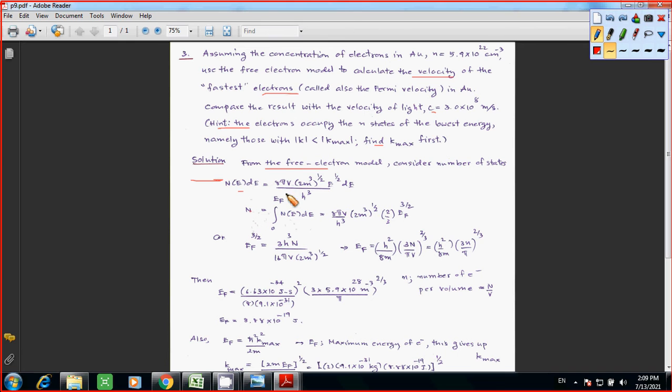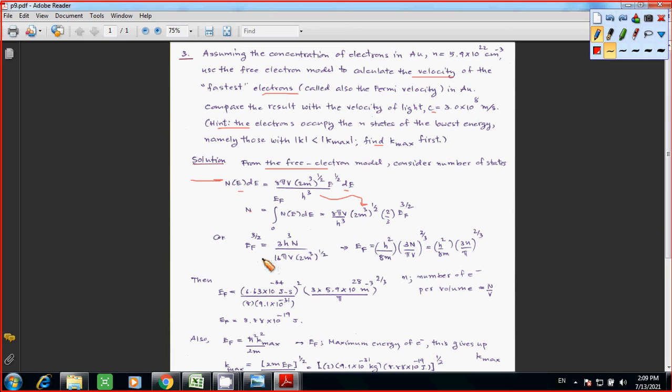So for your N, you simply do integration with respect to E, from energy 0 to EF. That's the Fermi level. Just plug in g(E), and you can do the integration.